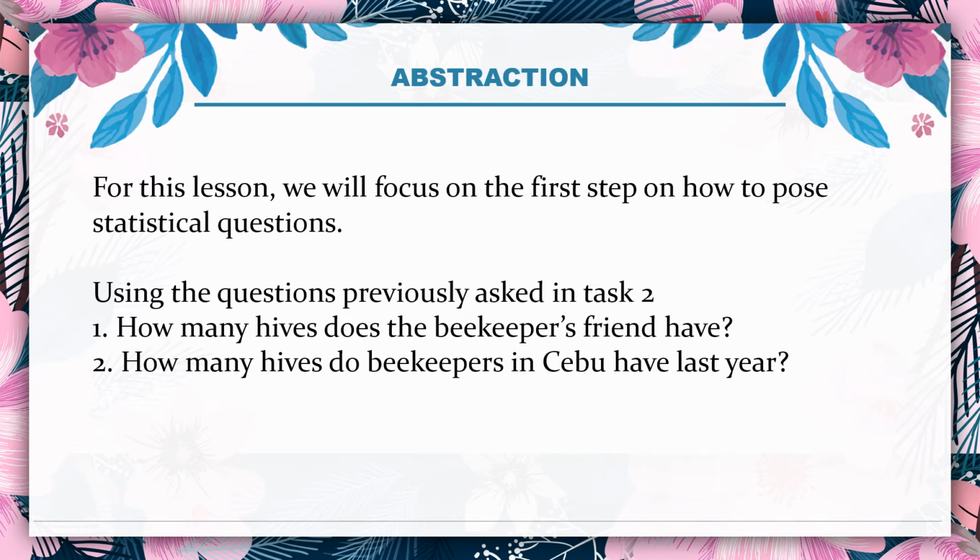For this lesson, we will focus on the first step, how to pose statistical questions. For that, we will use the questions previously asked in Task 2, the first question and the second question. The first question is, how many hives does the beekeeper's friend have? And the second question is, how many hives do beekeepers in Cebu have last year?